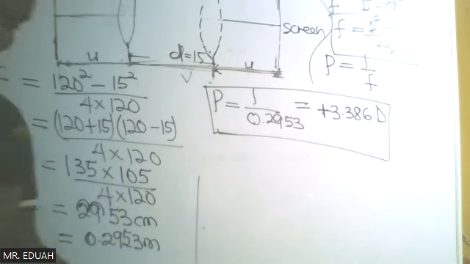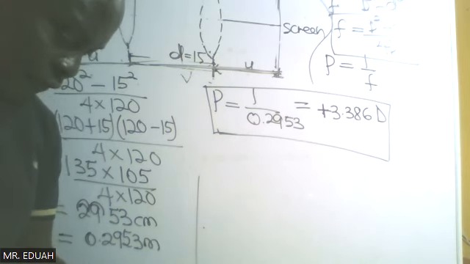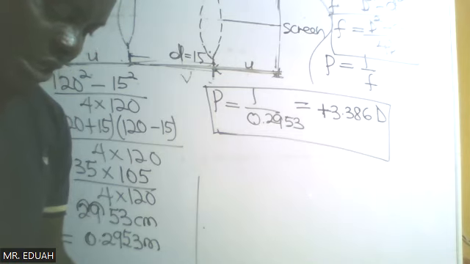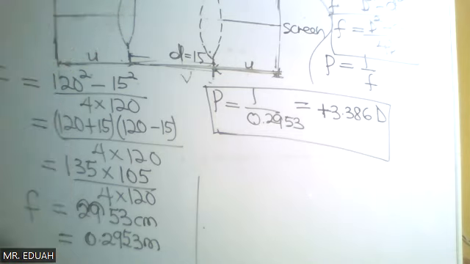Listen to the questions which follow. It says we are to find the first and second position of the lens for the formation of a sharp image on the screen. This question is WASSCE 2023, but the second one I added to it.